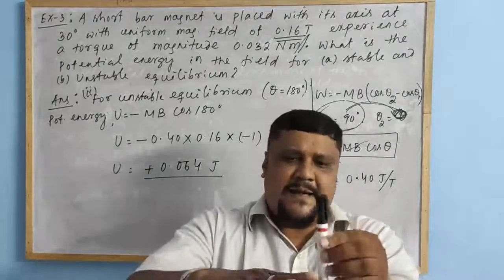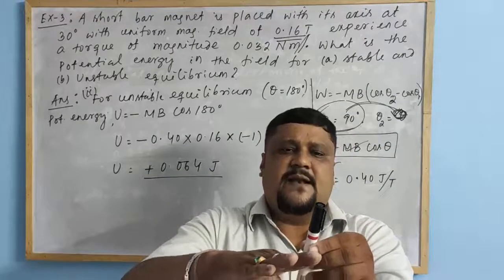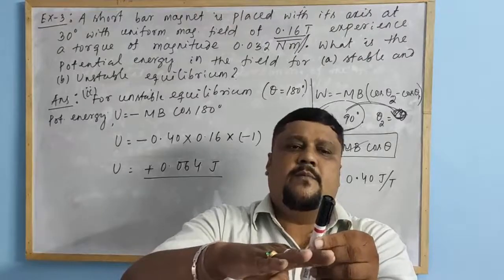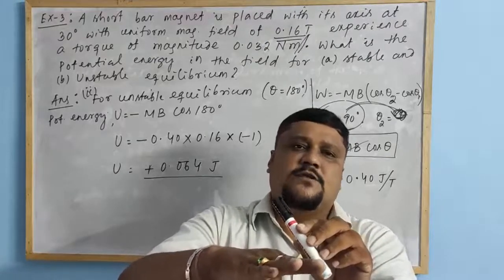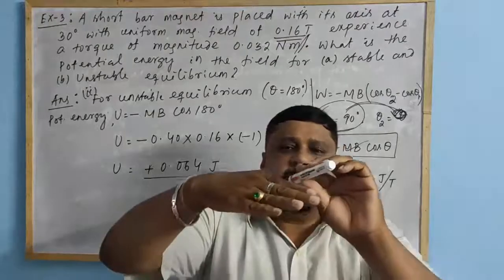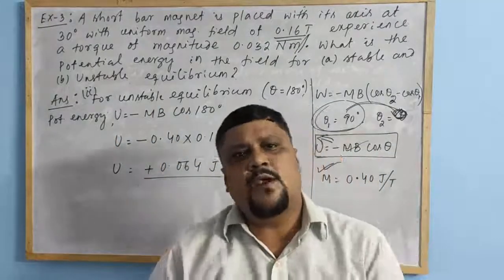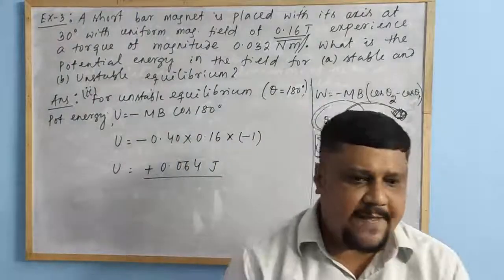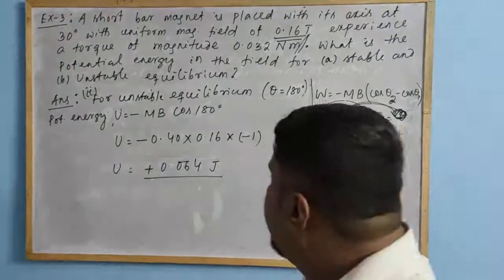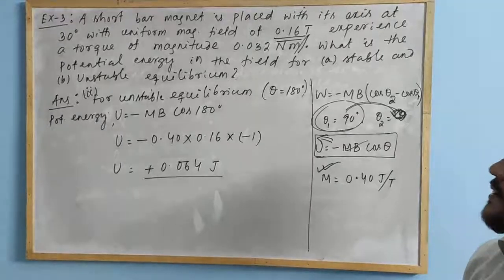If the dipole is placed like this to the magnetic field, it will remain in equilibrium. If it is disturbed and comes to this position, it is neutral equilibrium. At whatever position you place the dipole, it will remain in that position. That is called neutral equilibrium. Clear? So this is example number 3.